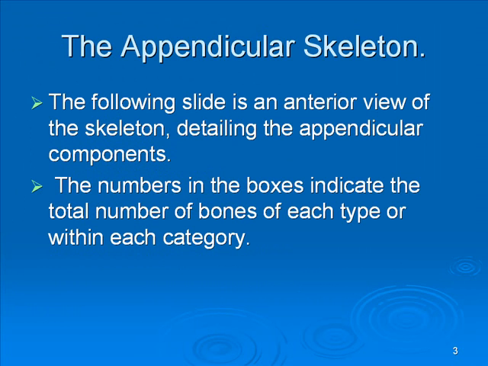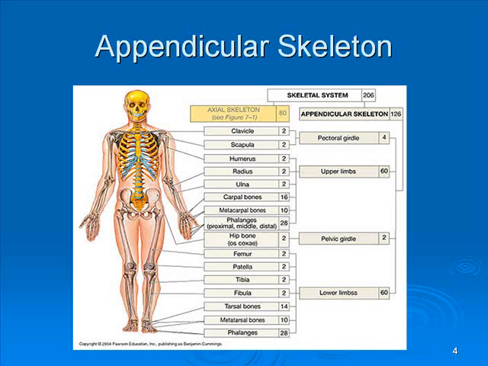Now, the appendicular skeletal system, which I'll show you in the next slide, basically demonstrates the bones that cover the pectoral girdle and the pelvic girdle. Now this illustration actually highlights the axial skeletal system, and the remaining skeletal system is representative of the appendicular skeletal system.